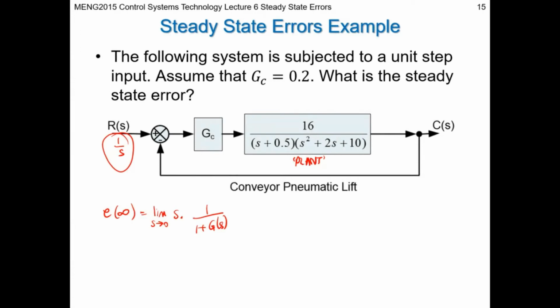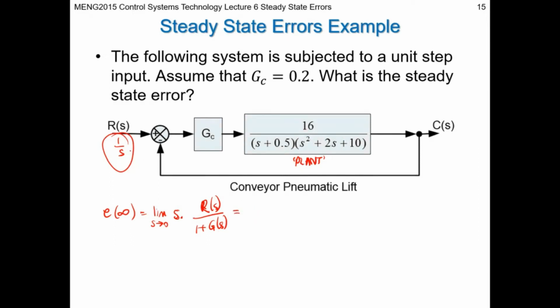So that's going to be our input. All I was missing here is putting the R, the input, because I already took the S into account, right? So it's the limit of S times R(S) over 1 plus G(S).